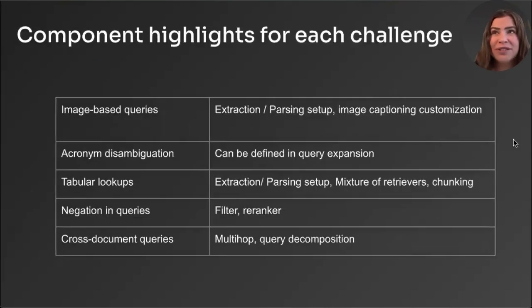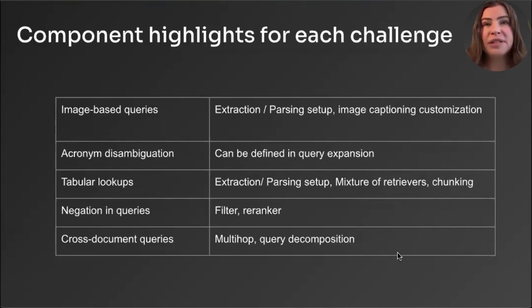And so for each of those challenges, it's actually different parts of the system that are really key to getting them to work. So for the image-based queries, the extraction and parsing setup is really critical, customizing image captioning and the retrieval. Acronym disambiguation, that can also be defined in our query expansions.